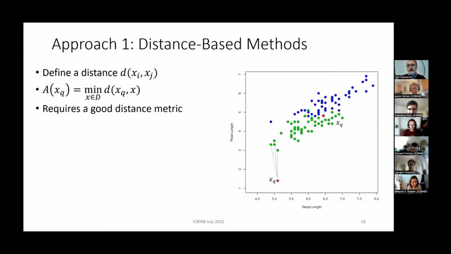So the first are distance-based methods, right? If you have well-designed features, then an anomaly can be found just by looking at, say, its minimum distance to a nearest neighbor, or the 3 nearest neighbors, something like this. So if you have a good distance metric, this works, and basically we're assuming that being an outlier is a good indicator of being novel or anomalous.